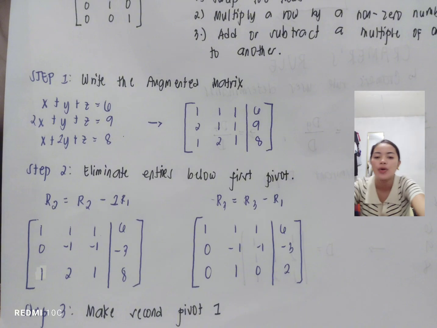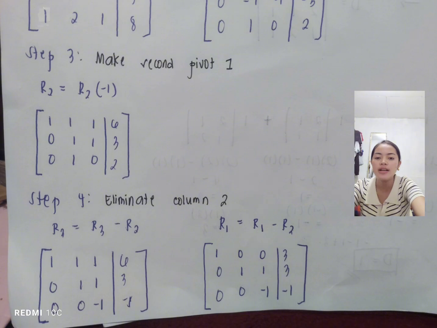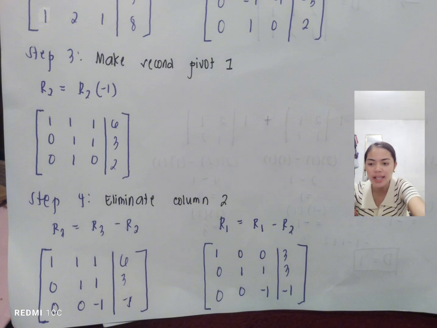So the next one is to get row 3, we need to deduct row 3 minus row 1. So the final answer is 1 1 1 6, 0 negative 1 negative 1 negative 3, and 0 1 0 2. Now, the next step is for us to make the second pivot 1.